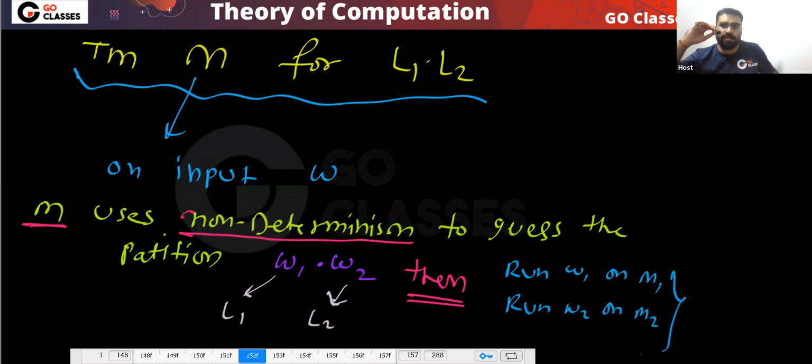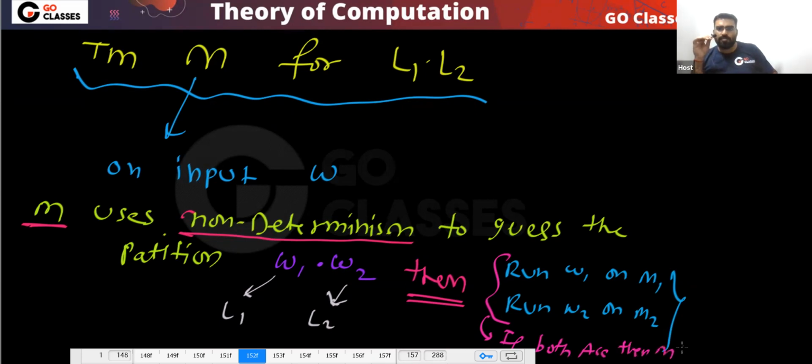If both of them accept, then M accepts W. Is this clear?